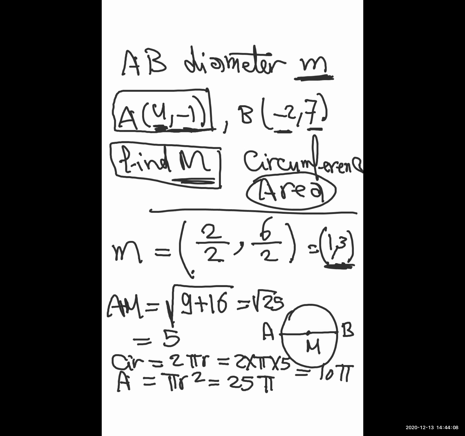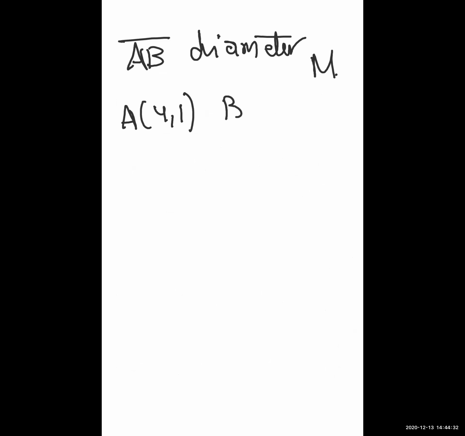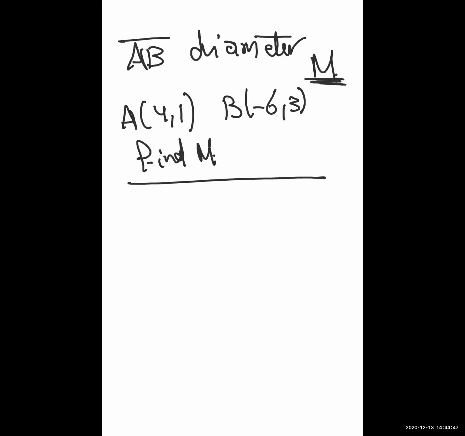Yes. Okay, great. The next one: if AB is a diameter in the circle M, A is (4, 1) and B is (-6, 3), then find the point M. Here AB is a diameter and the circle center is M, so this means M is the midpoint.